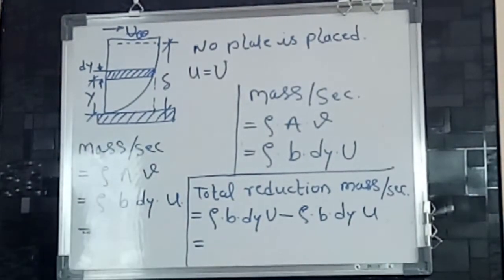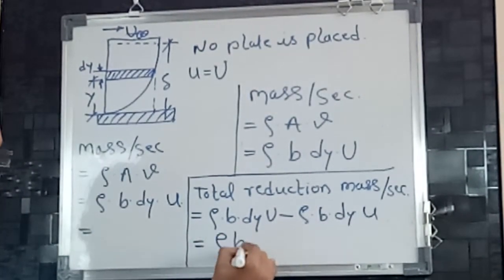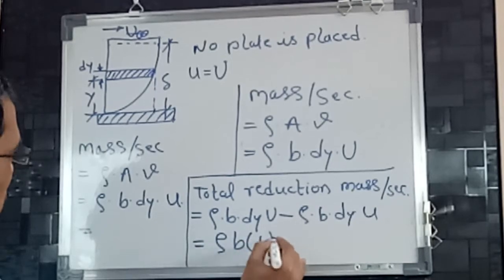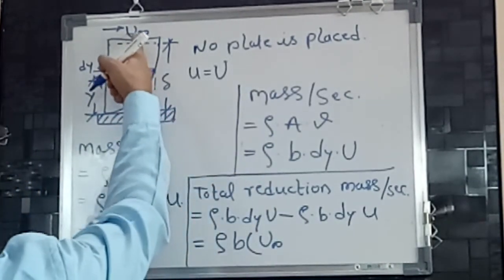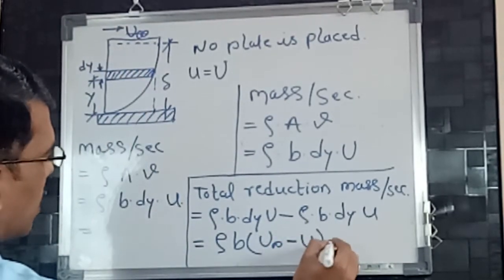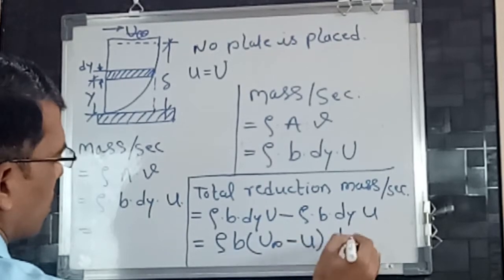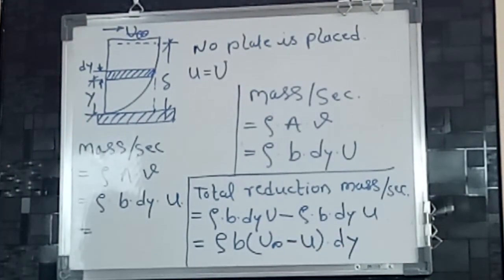So what you will get? Rho b in bracket, u or u infinity. Here we are taking u infinity, so it will be u minus u infinity. This is the total reduction.